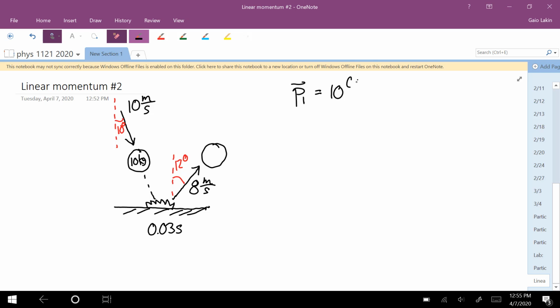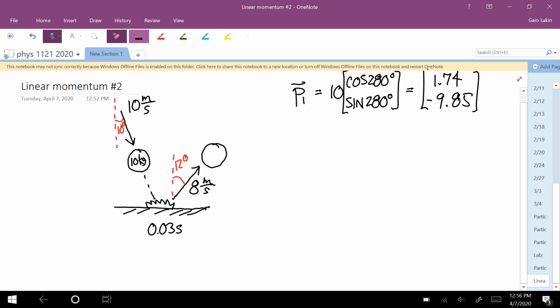Cosine and sine of 280. And so that gives 1.74, negative 9.85. And the units for momentum, you can get from the way you calculate it: kilograms, meters per second.